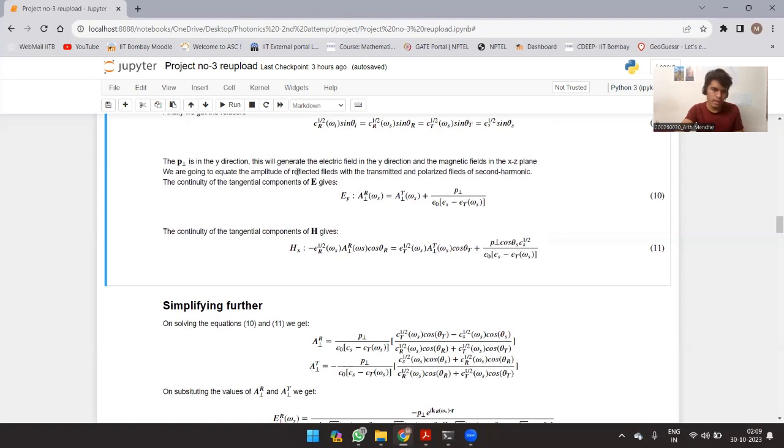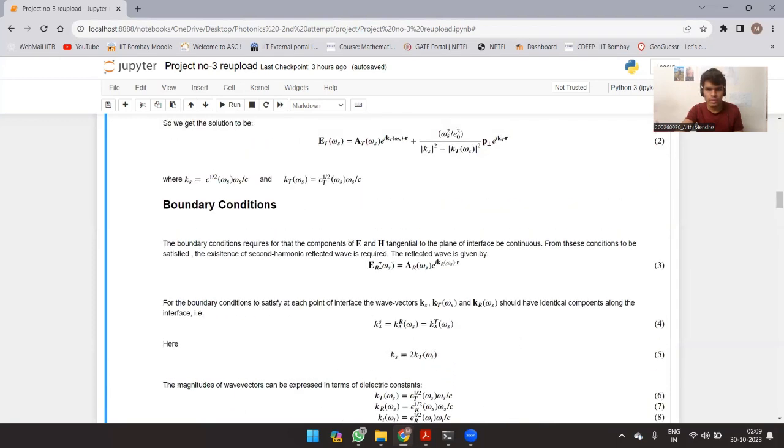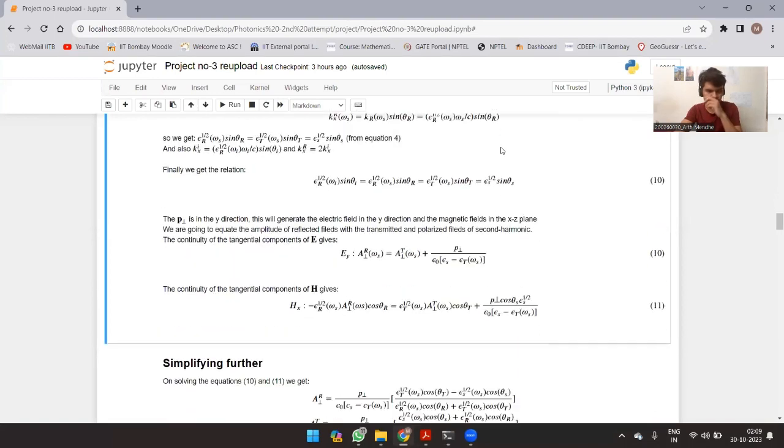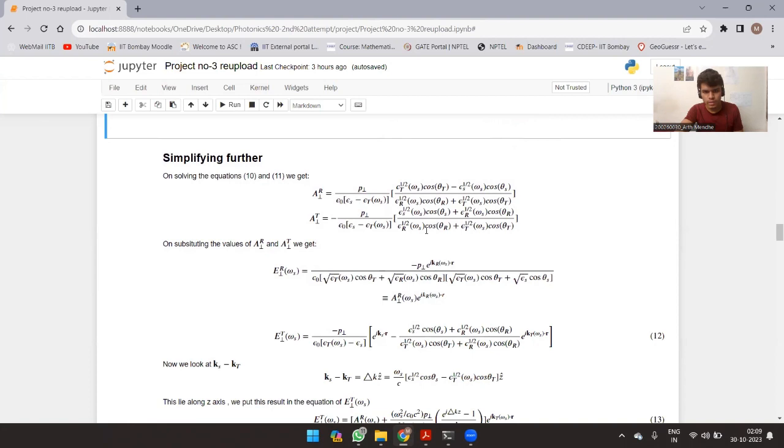Now we plug them back in the equation of our electric field, right? What is that? This is ER, this is ET. We plug them back in, and with some algebra, we get ER as that. This is a big, intimidating looking equation, but basically the P perpendicular upon the denominator is just the amplitude.